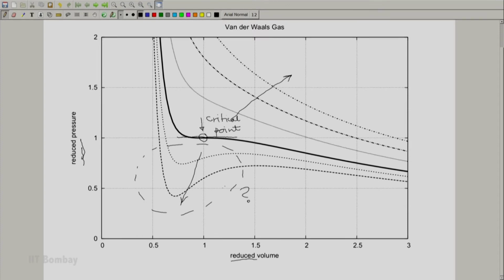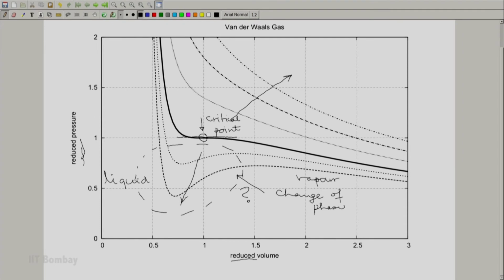You will notice that below the critical point there is a zone of confusion because of this minimum and maximum. But in real life what happens is the pressure does not go through a minimum and maximum. In this zone there is a change of phase with liquid on one side and vapor on the other side.